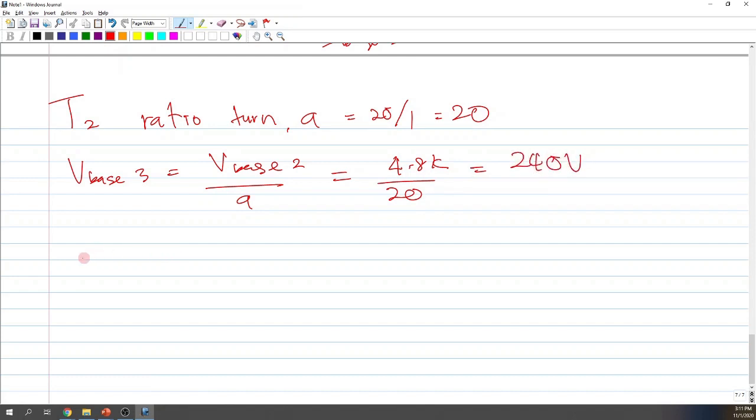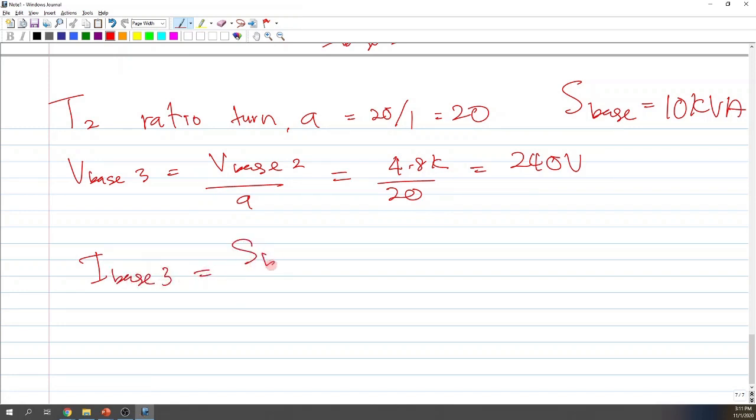And then S base is still the same, equal to 10K. We must remember the power is the same for all transformers, all windings or sides. And then we calculate I base 3.